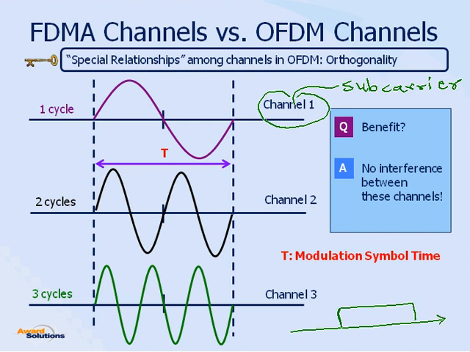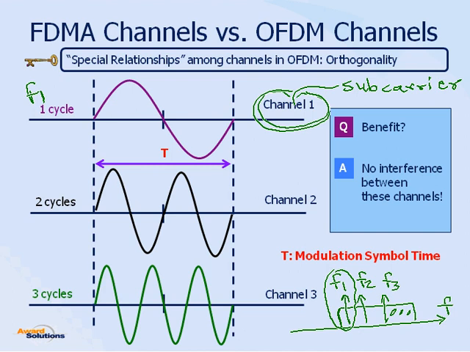I am a service operator and I got some spectrum from the FCC, and I have divided that into many subcarriers, F1, F2, F3, etc. And now let's see how to construct the first subcarrier. This is my first subcarrier, F1.